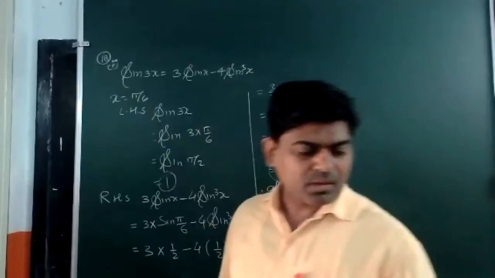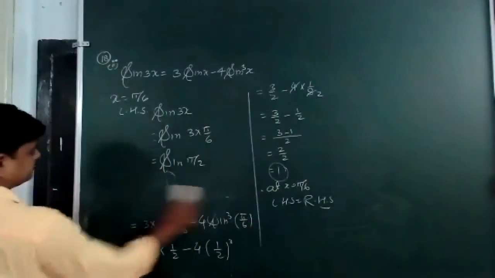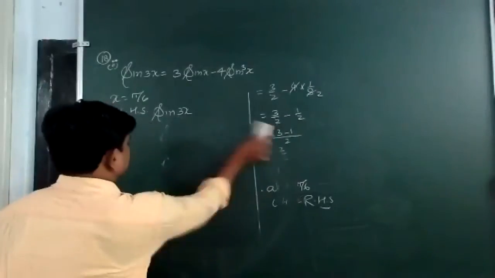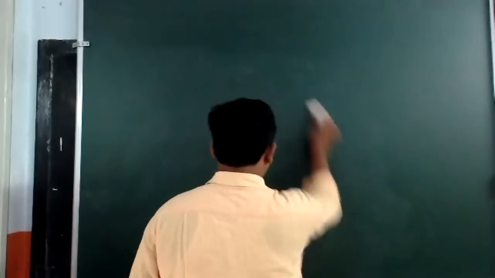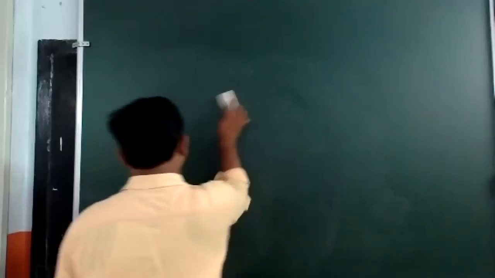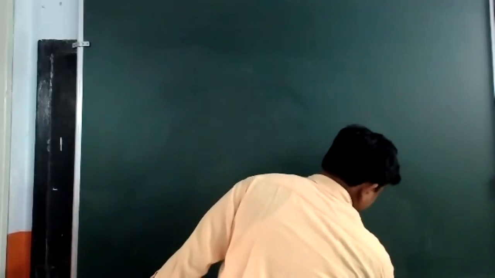Okay. The fifth one is easy. What I am doing. It's written cos x upon cosec x plus 1 plus cos x upon cosec x minus 1.